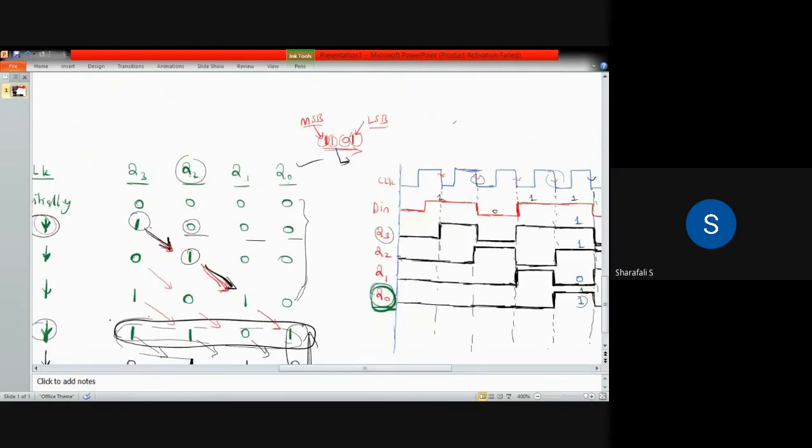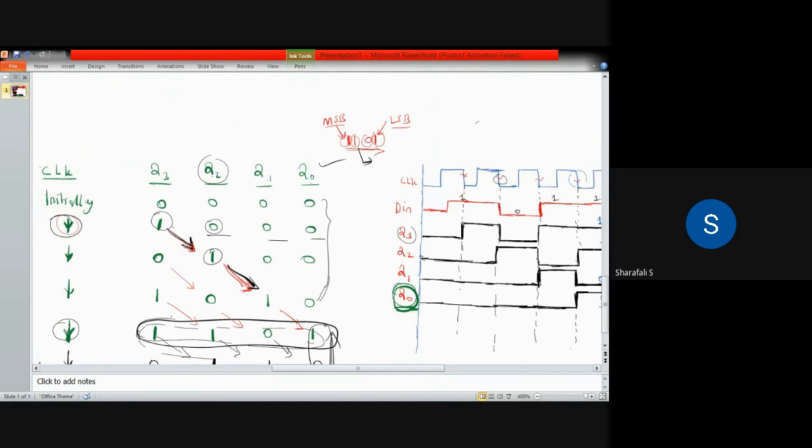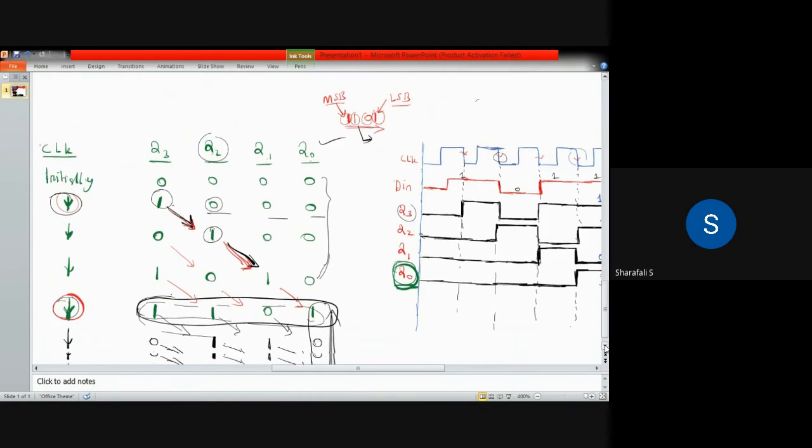Okay, so here we can see when it is reaching the fourth inverted clock pulse, the negative edge, we can have this kind of data in Q3, Q2, Q1, Q0.